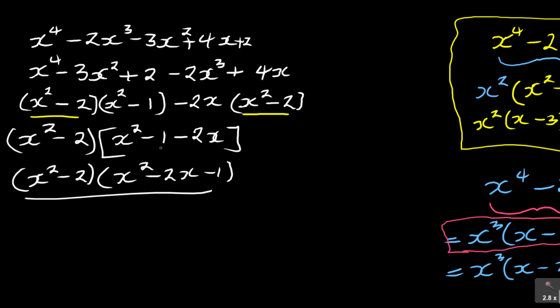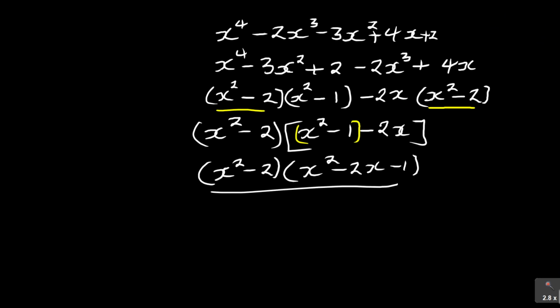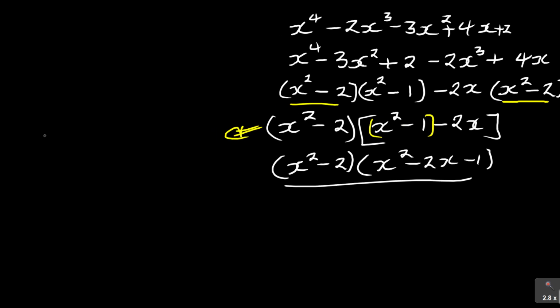Alright, but this one here, it was the difference of two squares, so I'm tempted to come into this part and say, let me do that. It will be x squared minus 2, right? And then I've got x minus 1, x plus 1, and then minus 2x.